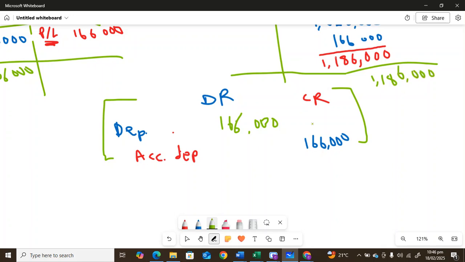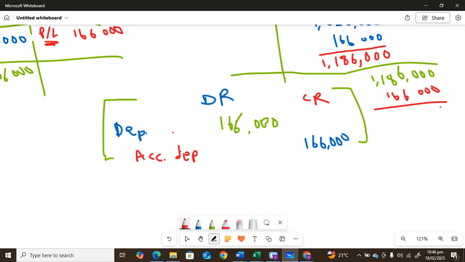Then, since the depreciation charge is still the same and we've credited accumulated depreciation the same amount, you bring it here and you add, and you get the accumulated depreciation. Whatever amount you get when you add this will appear on that year's balance sheet.